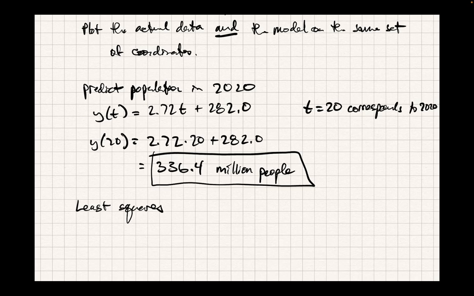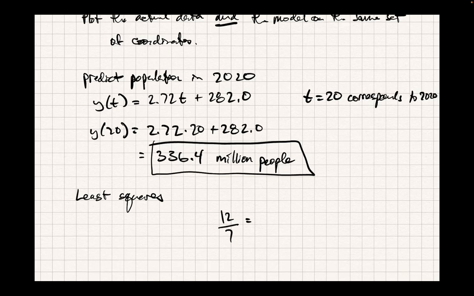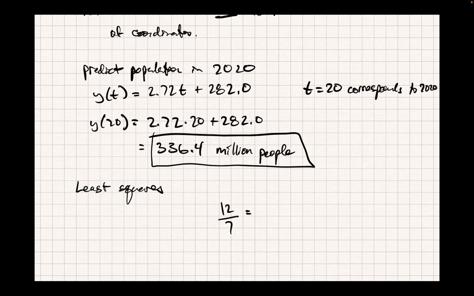Can you divide 12 by 7 on your calculator and give me all the digits? 1.714857114. And it might be repeating.